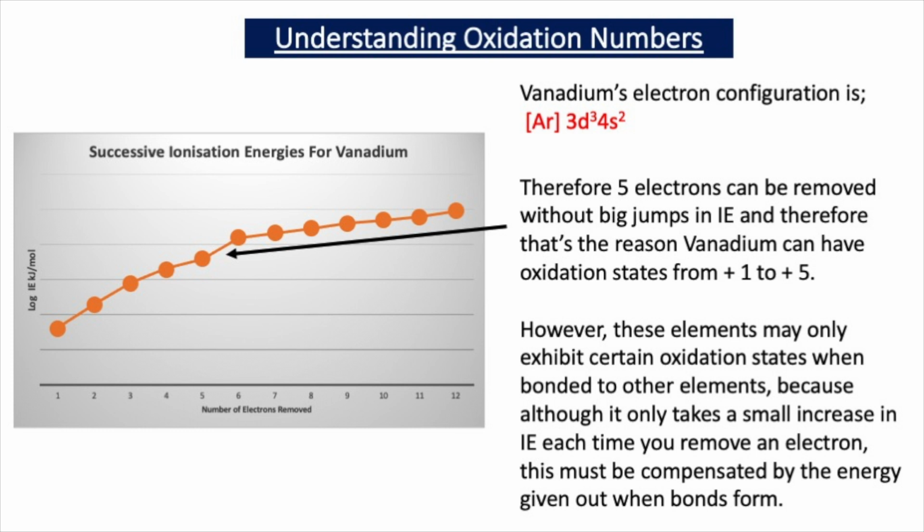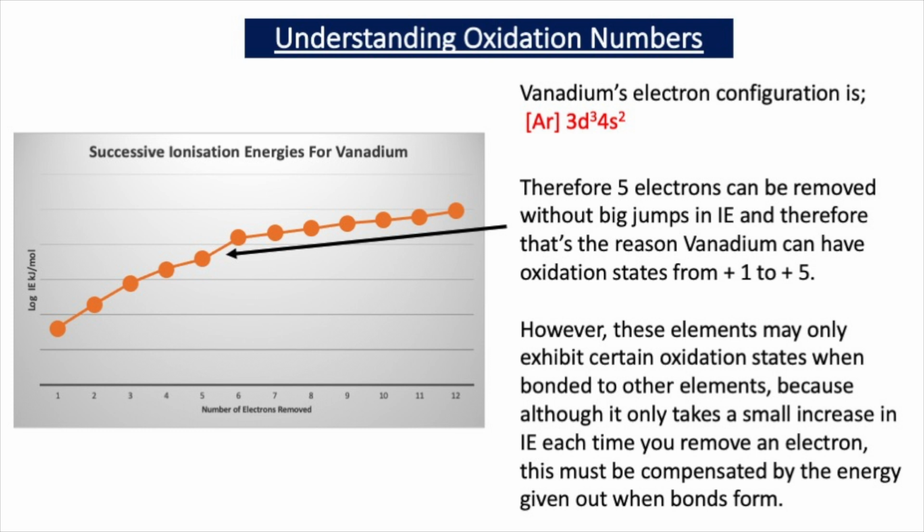Energy is needed to remove an electron from a transition metal, the ionization energy. However, energy is given out when bonds are formed. The reason these elements may only exhibit certain oxidation states when bonded to other elements is that, although it only takes a small increase in ionization energy each time you remove an electron, that has to be compensated by the energy given out when bonds form.